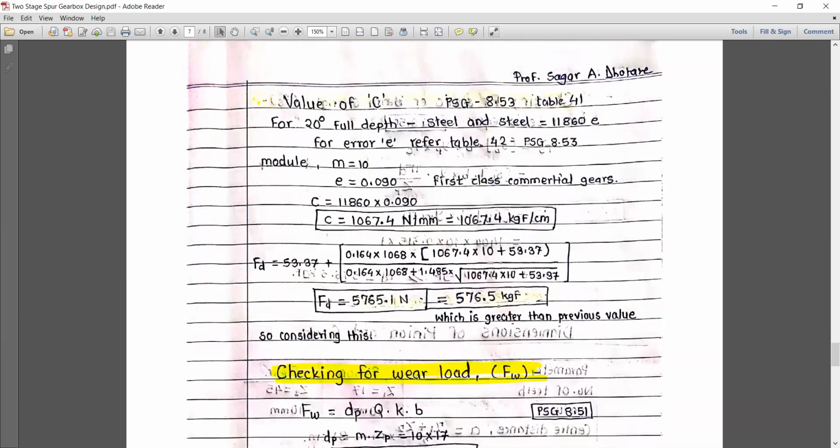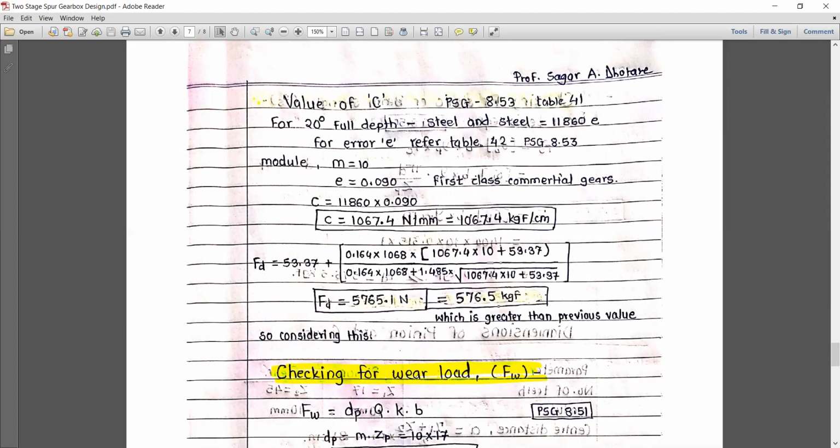Now the unknown value is the value of C, which we can find out from table number 41, PSG page number 8.53. For a 20-degree full depth involute profile, or 20-degree full depth pressure angle, and the material selected is steel, the value of C is equal to 11,860.